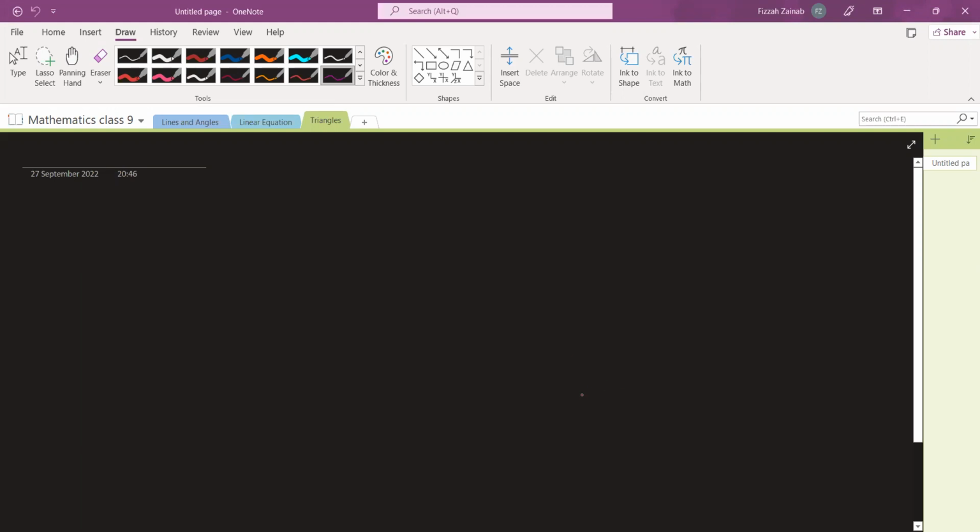So NCERT calls it triangles. So basically, so far you know about the angle sum property of a triangle. We have discussed it in the chapter lines and angles, correct?